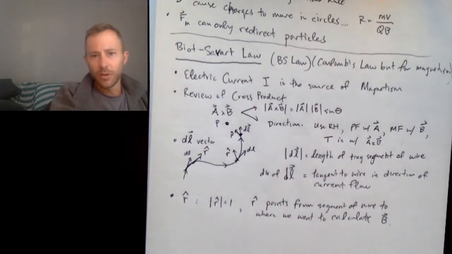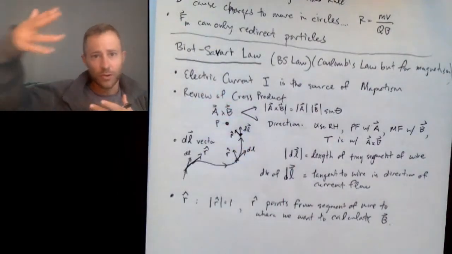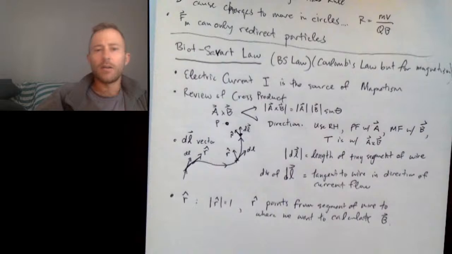So as we look at different spots along the wire, because the wire is curved, we're going to have different directions for r hat. We're going to have different directions for dl.